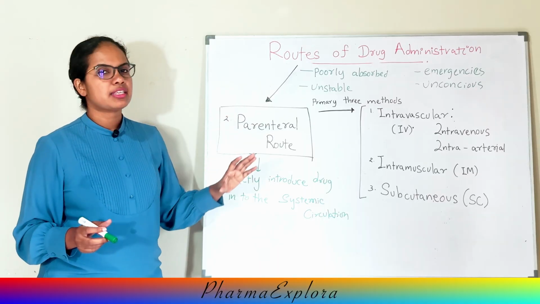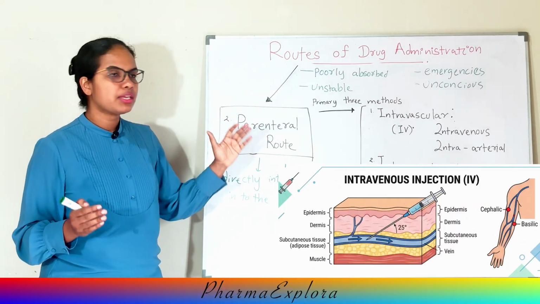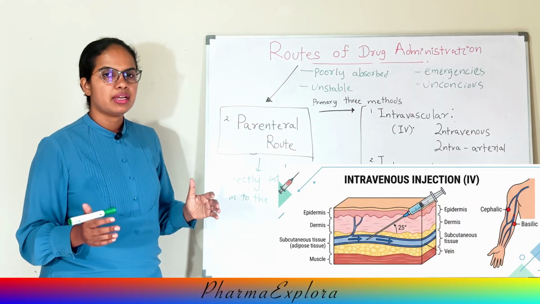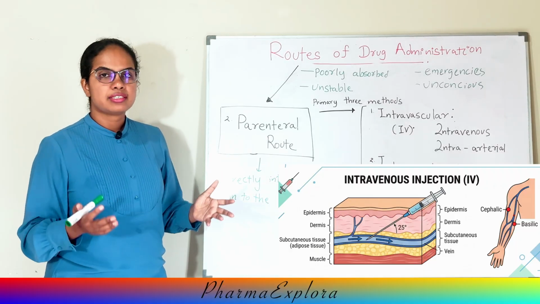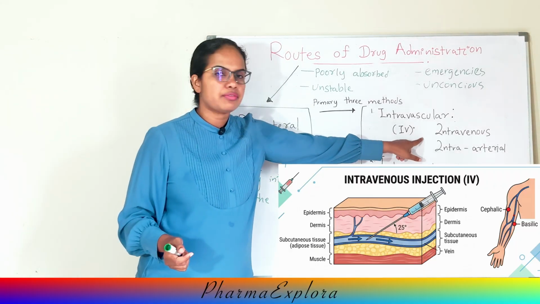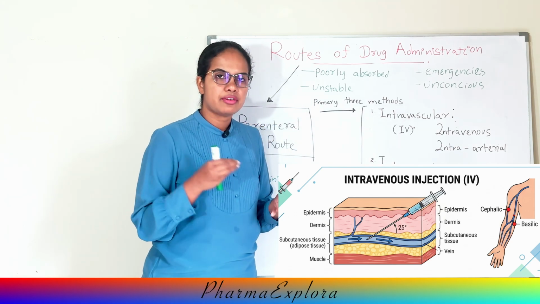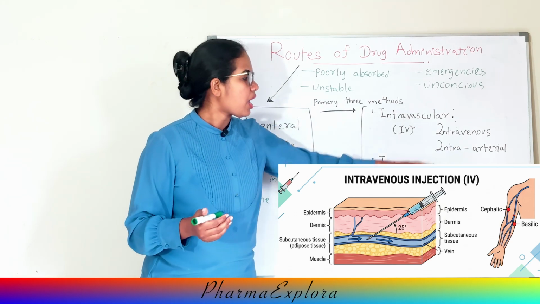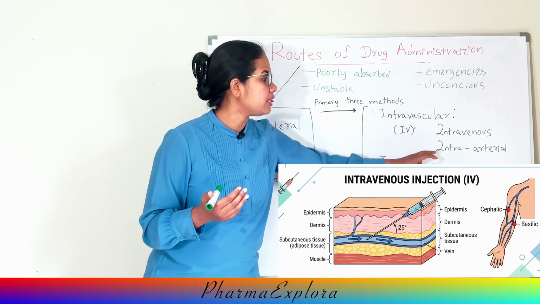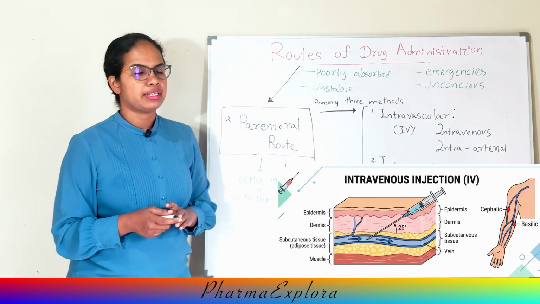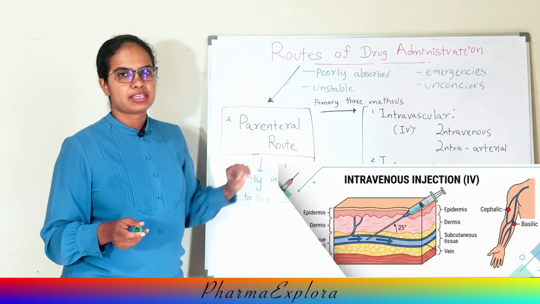The intravascular means we are introducing the drug either into a vein or into an artery. When we apply the drug into the vein, we call it intravenous, and when we introduce the drug into the artery, we call it the intra-arterial method. So that is the intravascular.